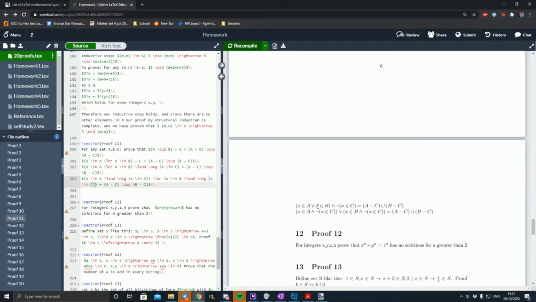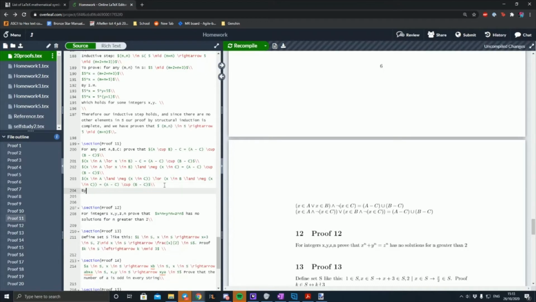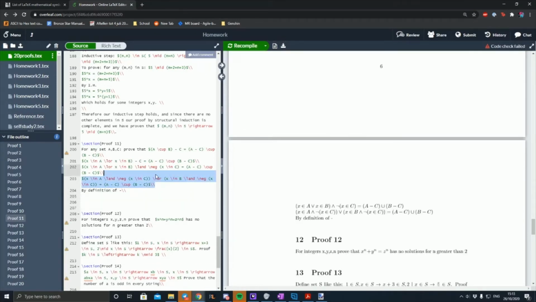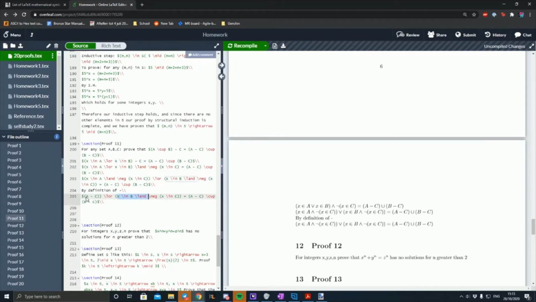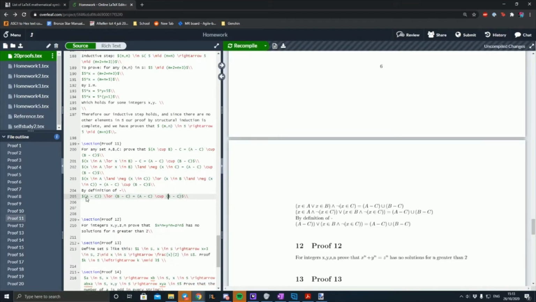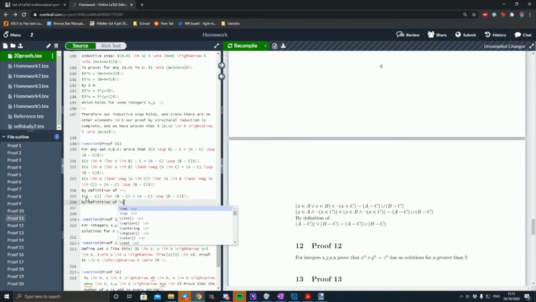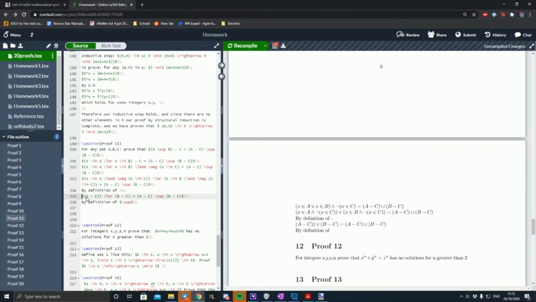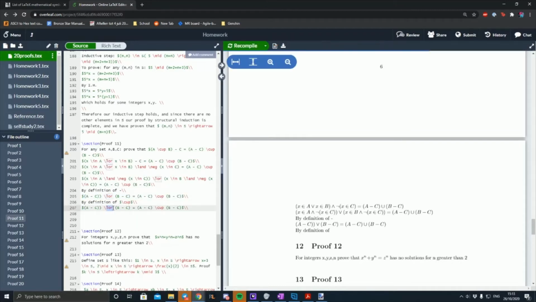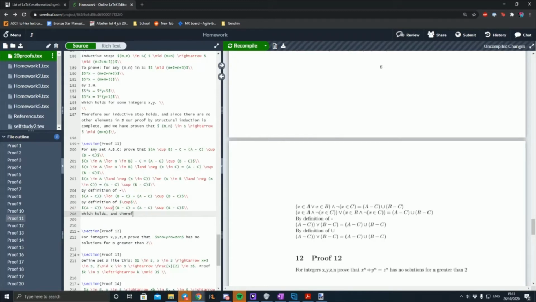So here we have x part of A or x part of B, and x not part of C. That turns into x part of A and x not part of C, or x part of B and x not part of C. And then by definition of the minus sign, we can copy this and say that this is actually A minus C, or B minus C, and then by definition of cup, in this case the definition of the union, we can say that this is equal to A minus C cup B minus C, which holds, and therefore we have proven that.